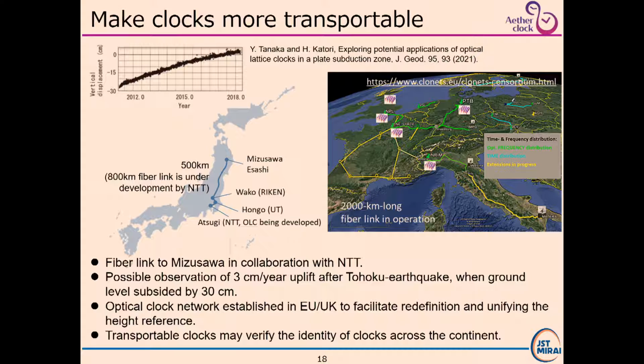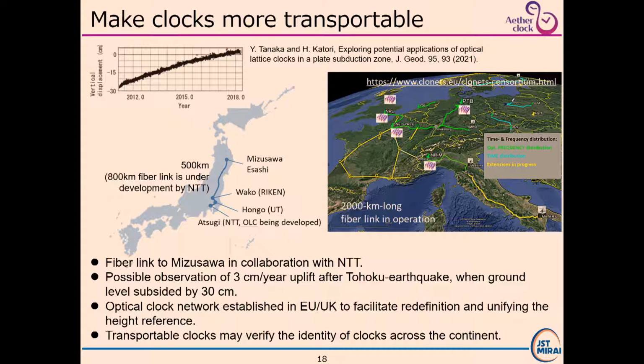So we want to test dynamic chronometric leveling for this effect. If we take our clock there this year and next year and measure the frequency, and if it corresponds to this one, this is a demonstration.